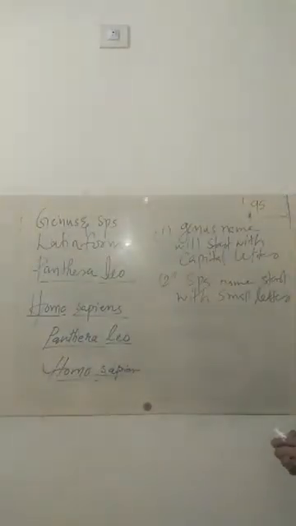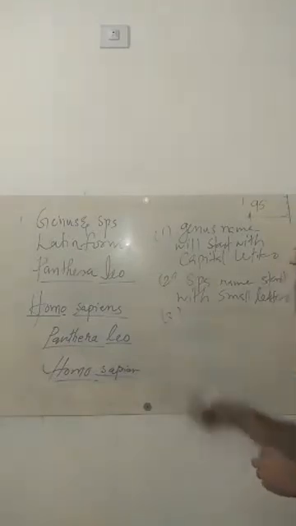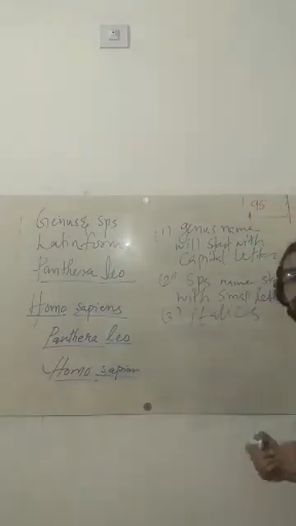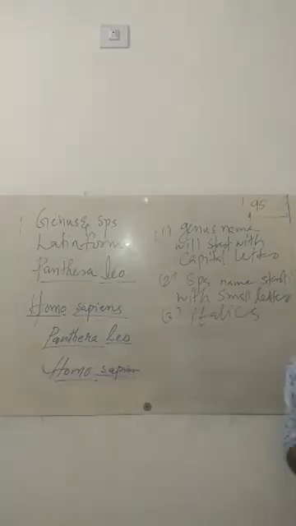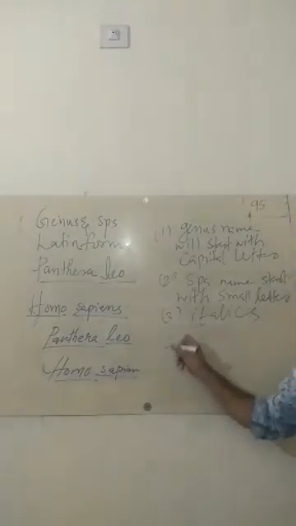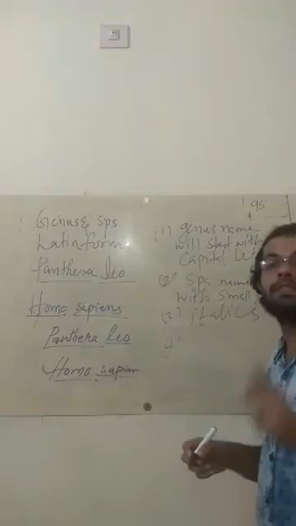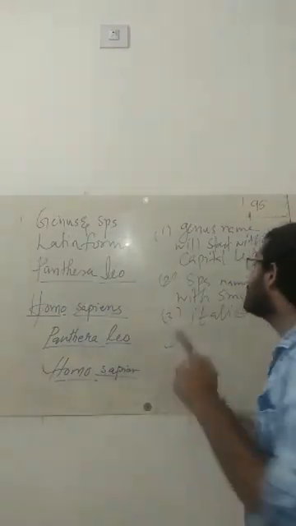The third one: when printed, the scientific name is given in italics. The fourth: when written by hand, the genus name and the species name have to be underlined separately.